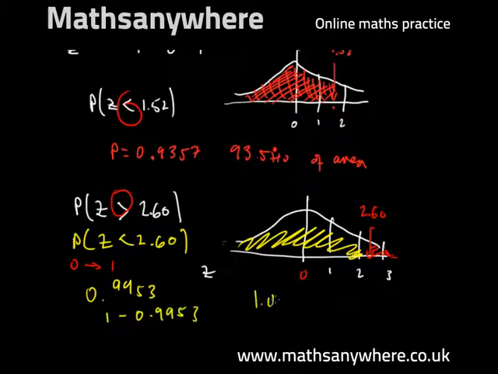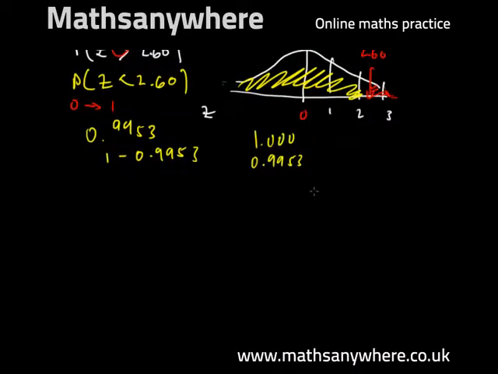0.9953. Let's just make sure we get this right. Let's move this down a little bit. Not lined up very well, but we'll cope with that. 10 minus 3 is 7. 9 minus 5 is 4. 9 minus 9 is 0. 9 minus 9 is 0.